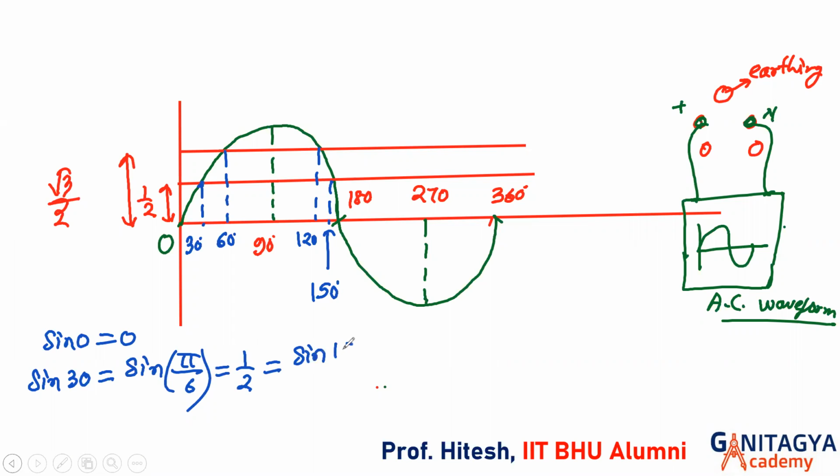So sin 150, that is nothing but we will say 5 pi by 6, क्योंकि जब पाई को 180 लिख देंगे तो 150 आना चाहिए, ठीक है। चलिए, so this is very much clear.